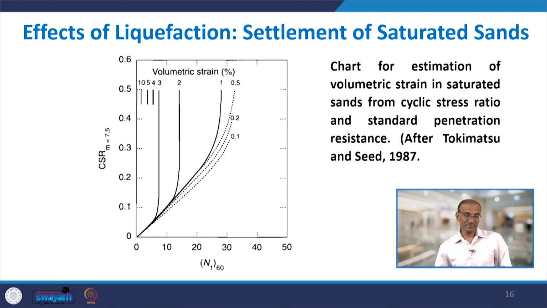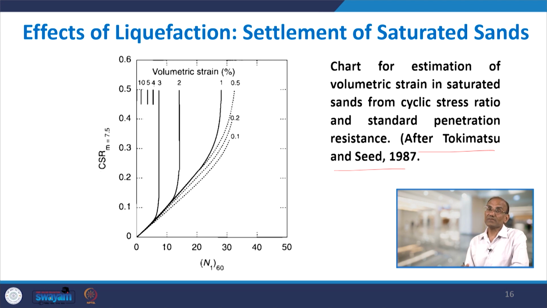So, in this chart which is given by Tokimatsu and Seed in 1987, what you have? You have N160, which is the corrected value for the SPT blow count, varying from 0 to 40, 50, but you do not have data more than 40.